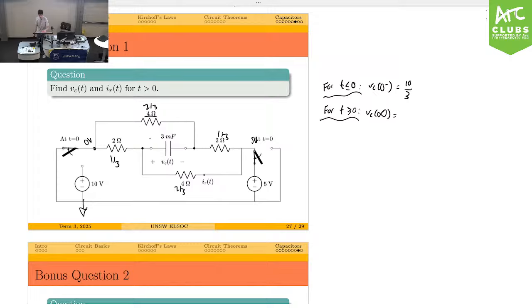So logically there's only 1/3 going through the middle. The only difference is the polarities. I've defined them this way, but I'm putting in my 5 volts from the right, so I'm flipping the negative. So really this answer is 5 on 3, or negative 5 on 3.